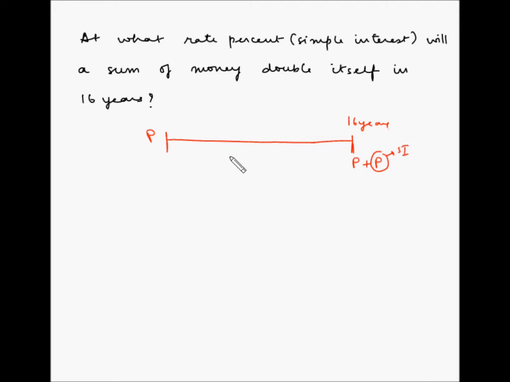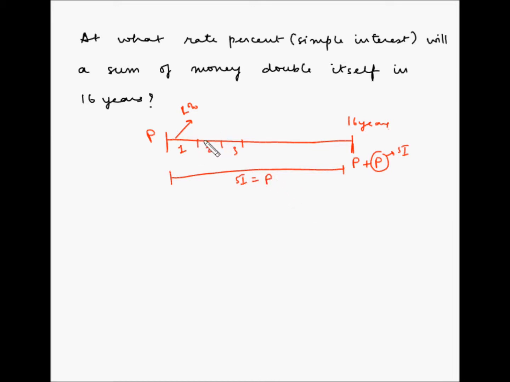years. So now you're thinking, at what rate percent per annum, so let's say this is 1, 2, 3 individual years, should you lend this money so that the simple interest for this entire period, 16 years, is equal to the principal amount.